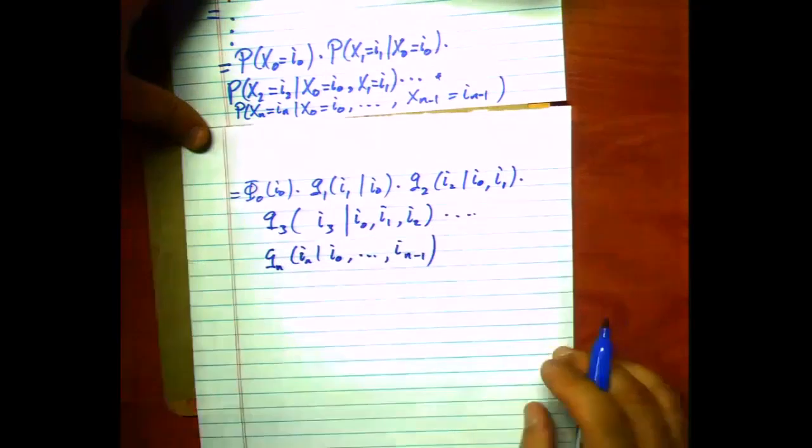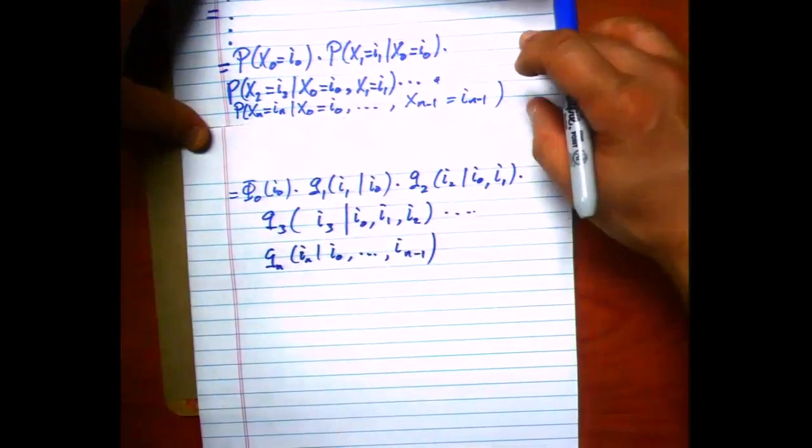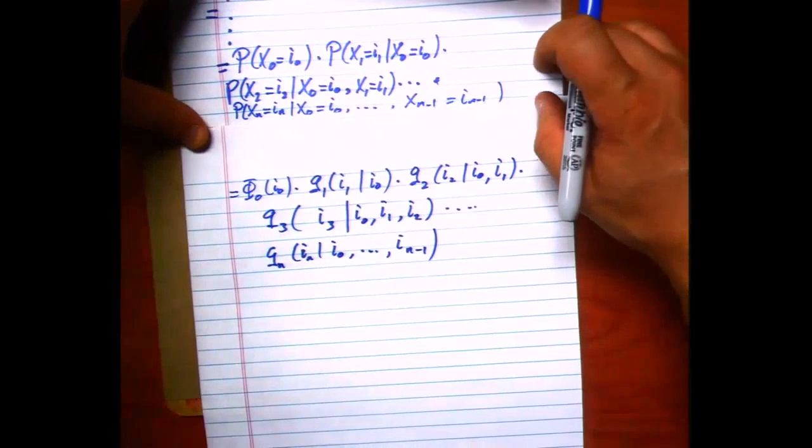This is the formula for the joint probability distribution of the trace of evolution of the stochastic processes.